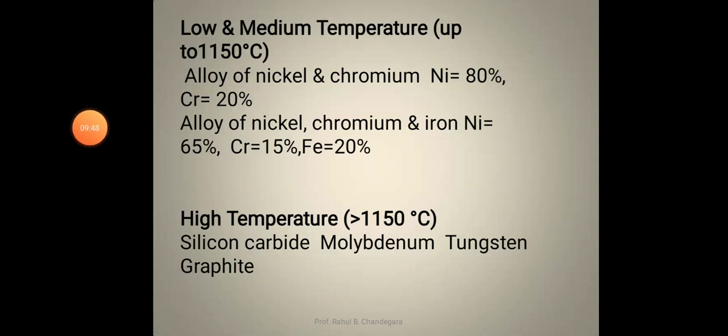For low and medium temperature up to 1150 degrees Celsius, an alloy of nickel and chromium is used: nickel 80% and chromium 20%. Or an alloy of nickel, chromium and iron: nickel 65%, chromium 15%, and iron 20%. For high temperature more than 1150 degrees Celsius, silicon carbide, molybdenum, tungsten, and graphite are used.